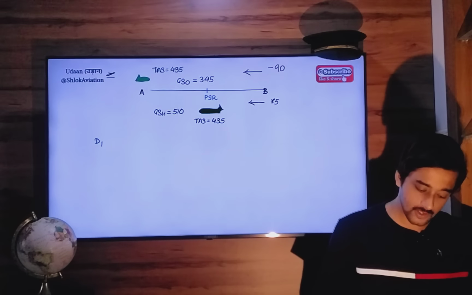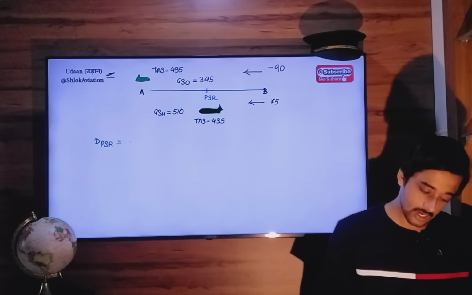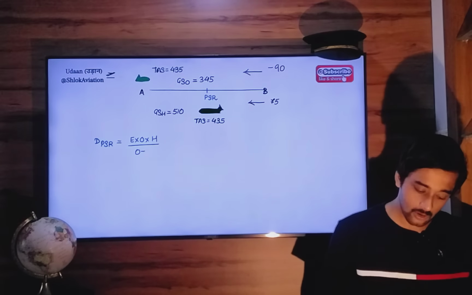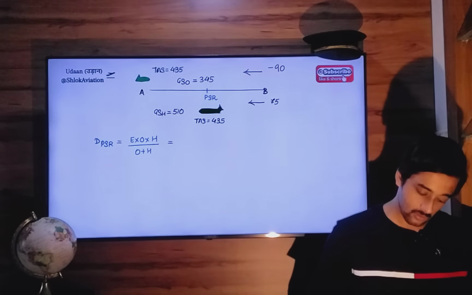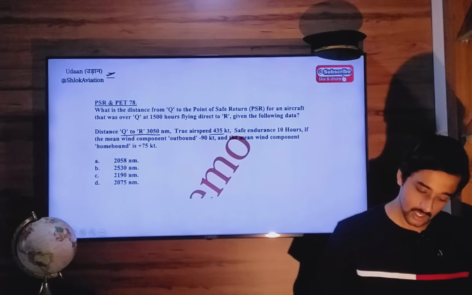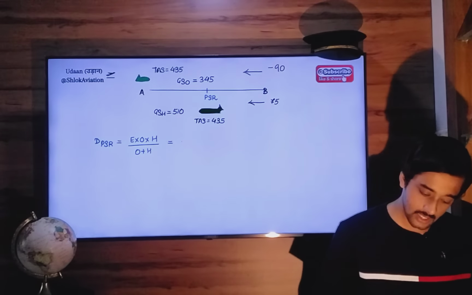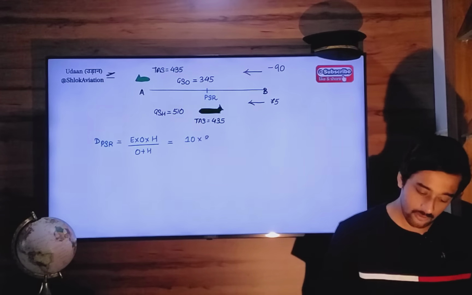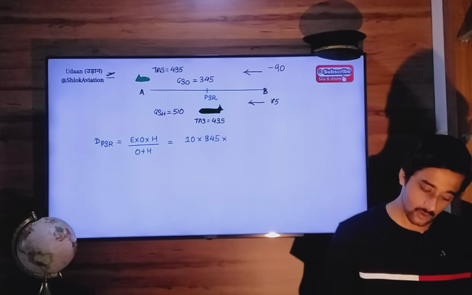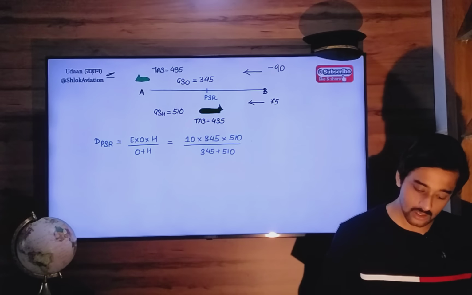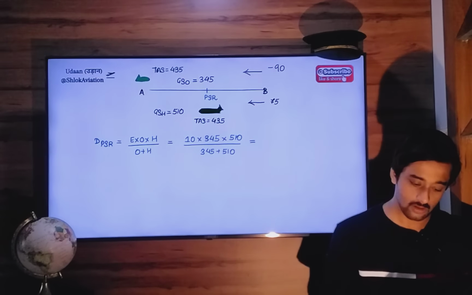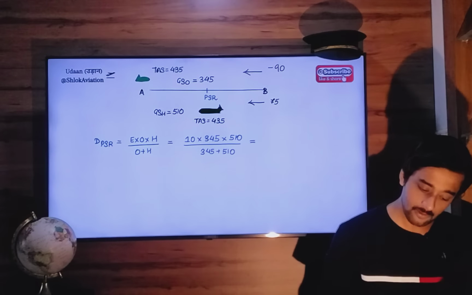So distance to the point of safe return is endurance into outbound into homebound, divide outbound plus homebound. What is endurance? 10 hours. So 10 into 345 into 510 divide by 345 plus 510, 855.